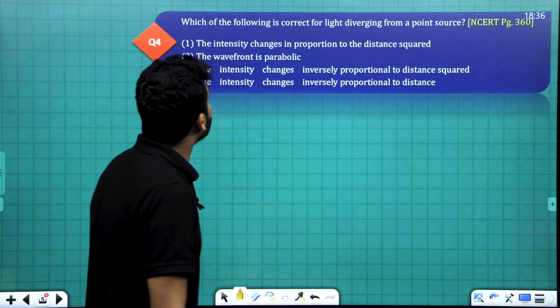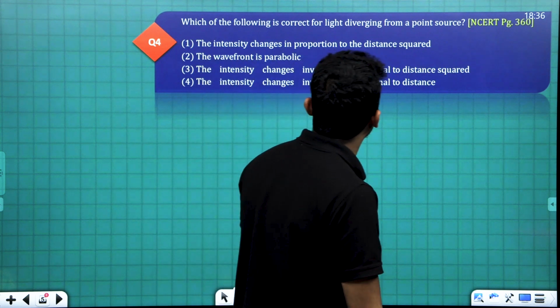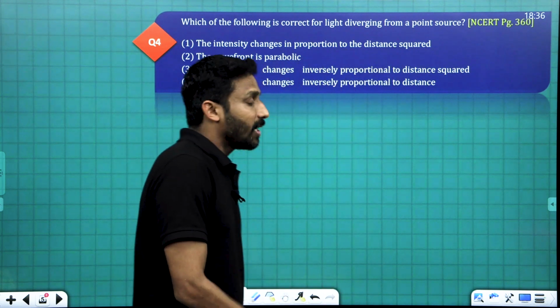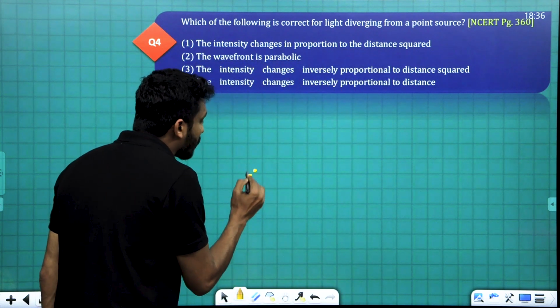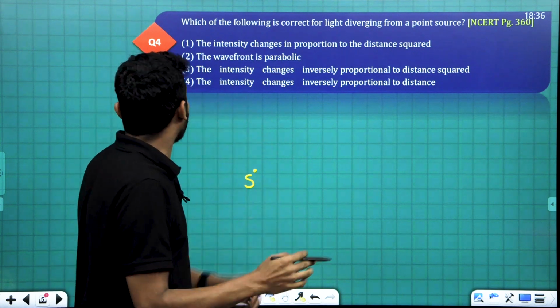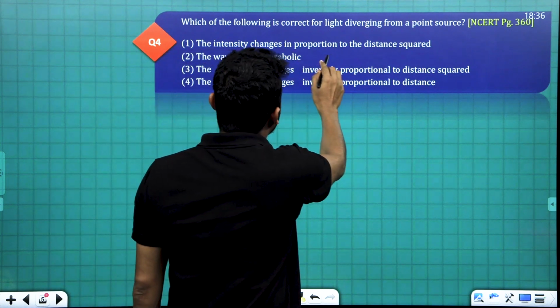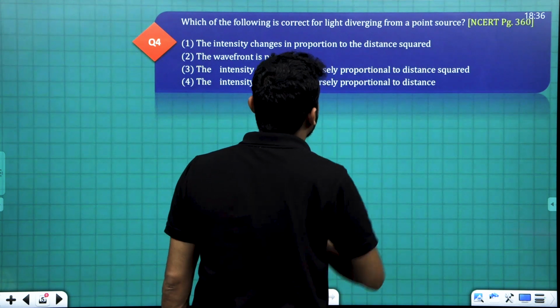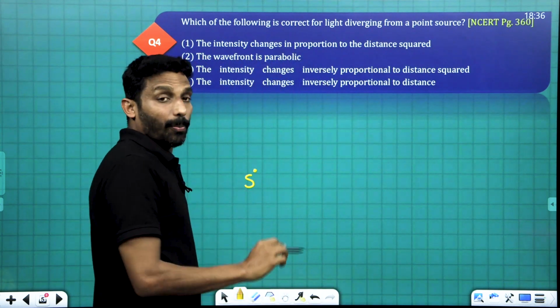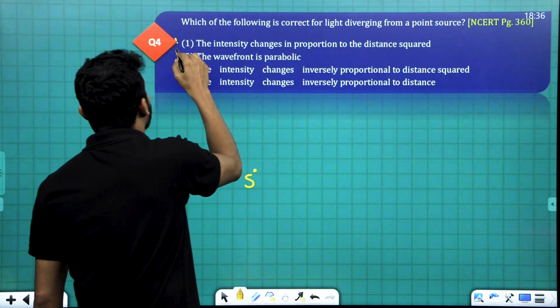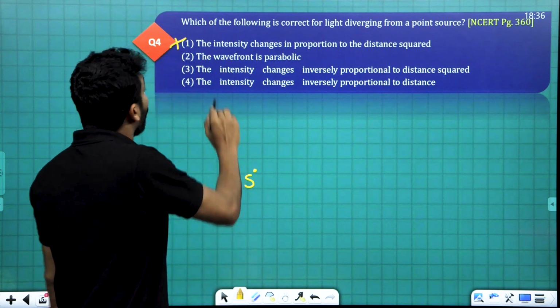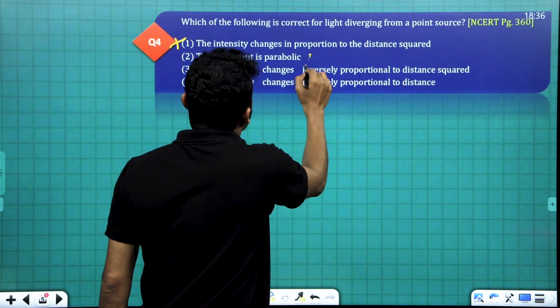Which of the following is correct for light diverging from a point source? From a point source, light is diverging. The intensity changes in proportion to the distance squared. Intensity directly proportional to the square of the distance is incorrect. The wavefront is parabolic is incorrect.